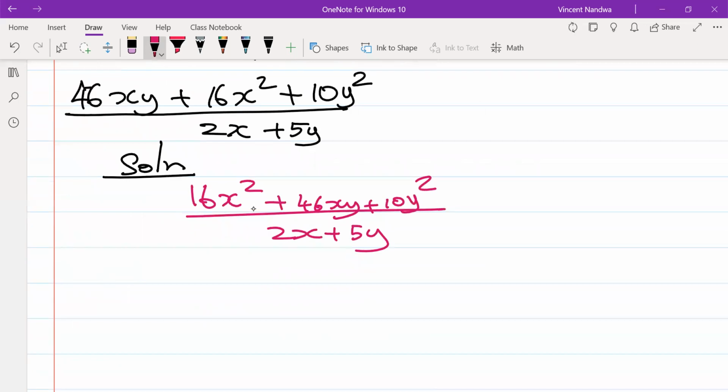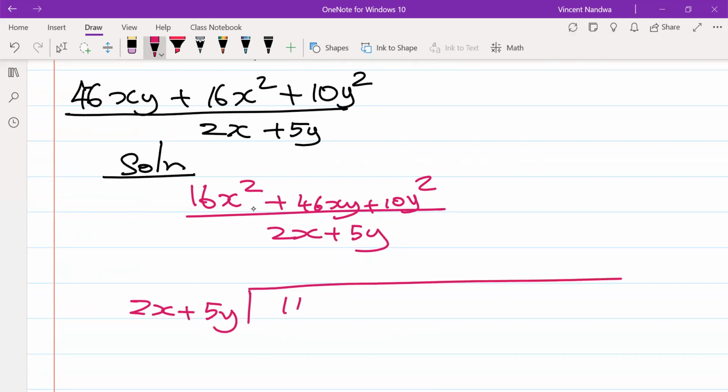So now we have 2x plus 5y dividing 16x squared plus 46xy plus 10y squared.